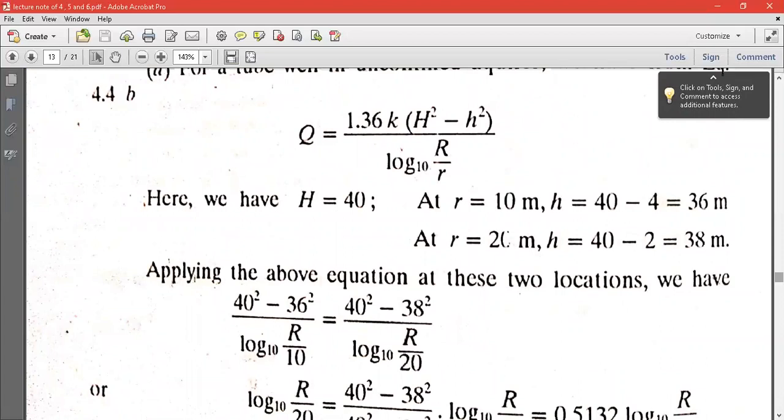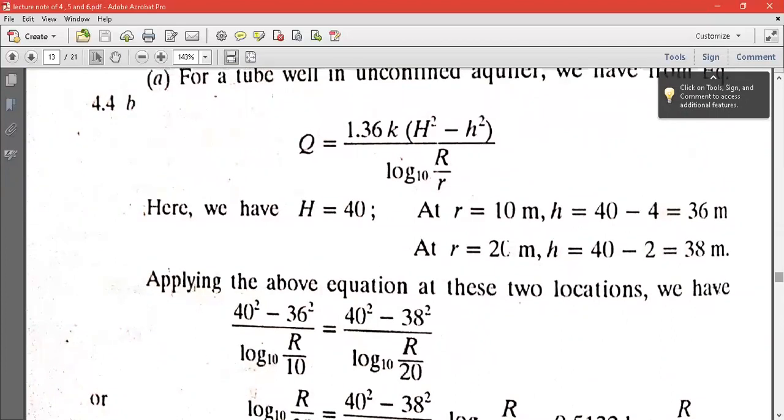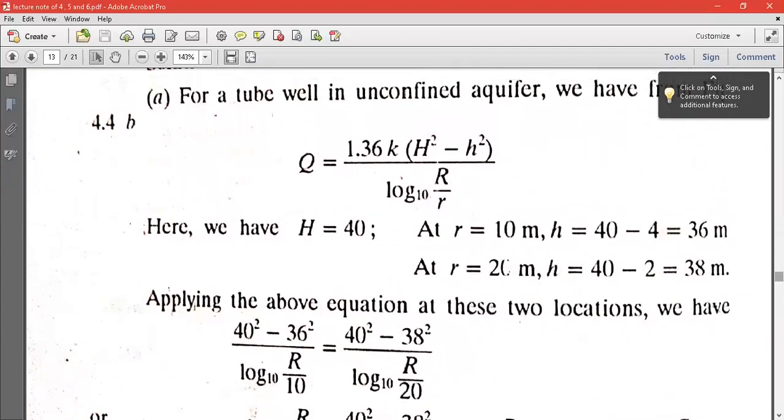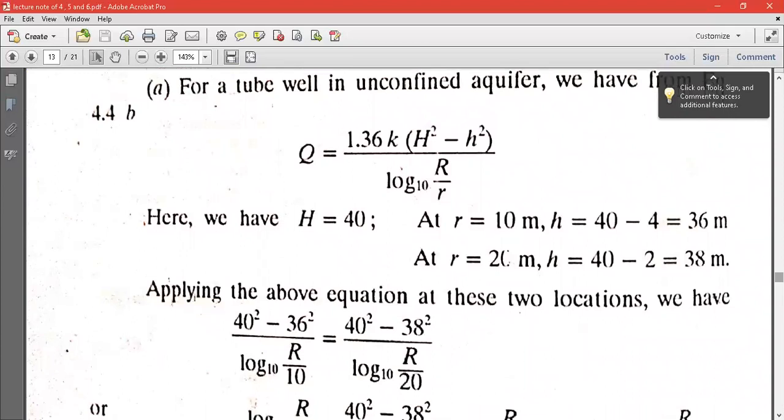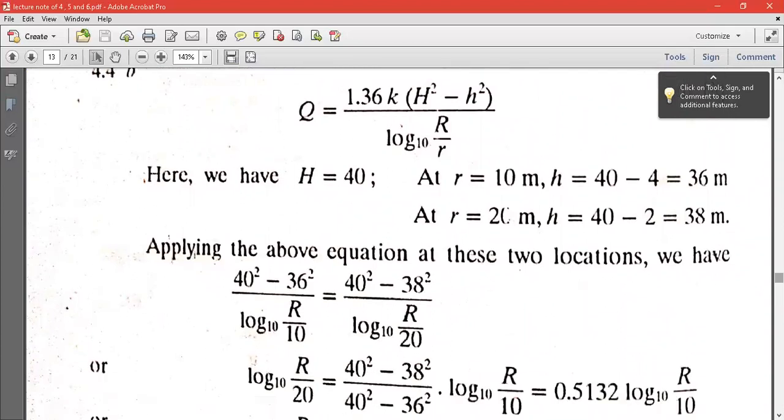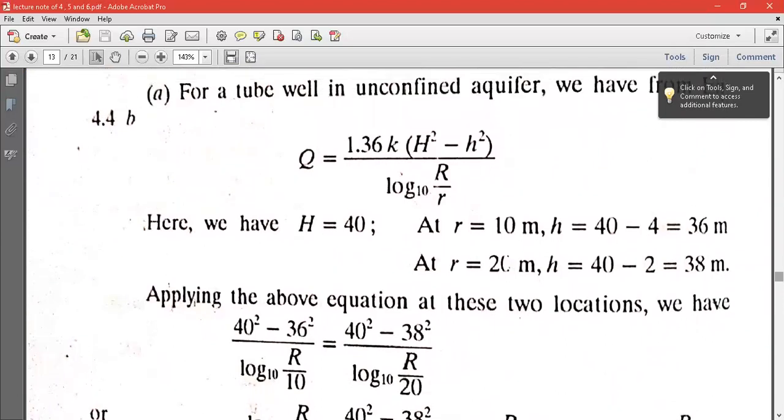Now, for the first case, actually there are two unknowns. One is the capital R, and we have to make an equation, left hand side equal to right hand side.